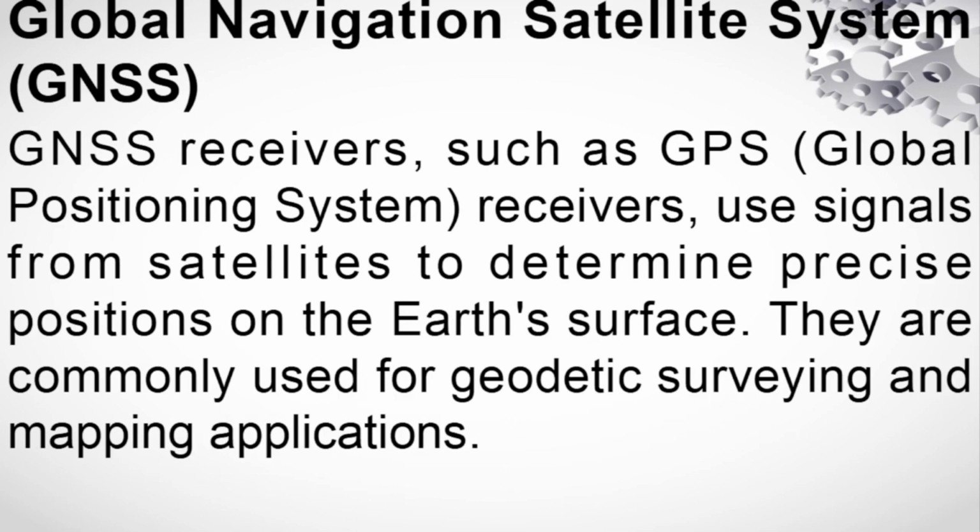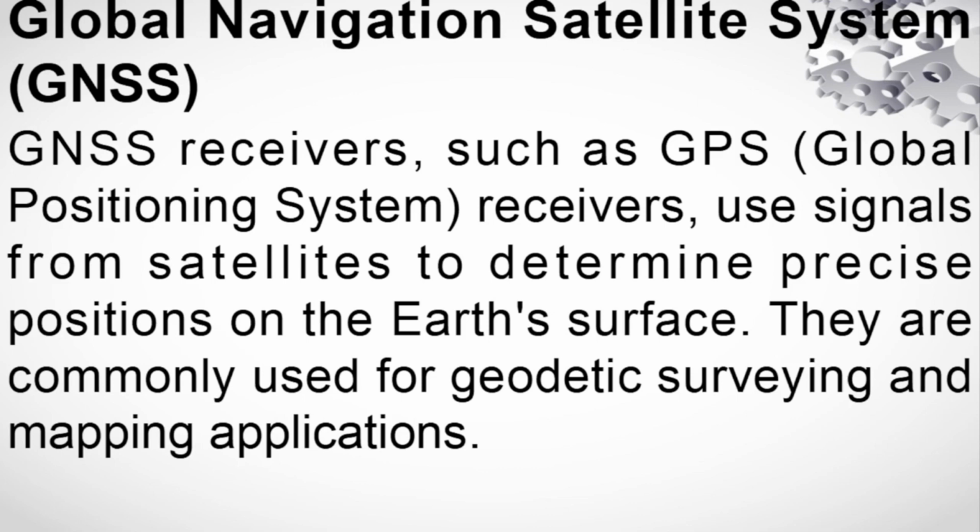The next one is the Global Navigation Satellite System, the GNSS. GNSS receivers such as the GPS, which is the Global Positioning System, receive and use signals from satellites to determine precise position on the Earth's surface. They are commonly used for geodetic surveying and mapping applications.